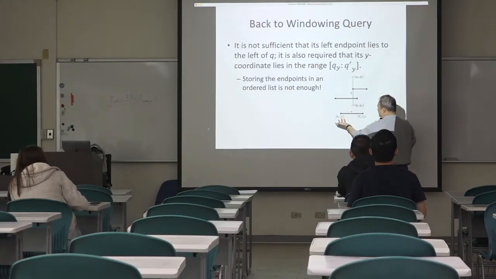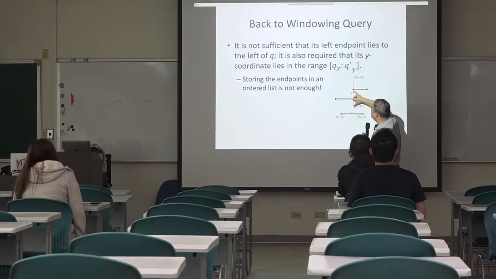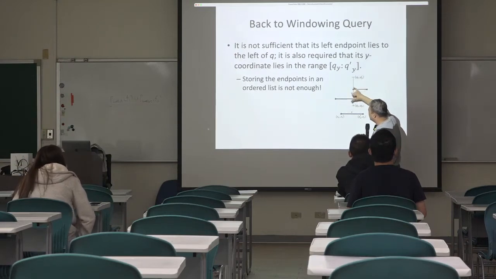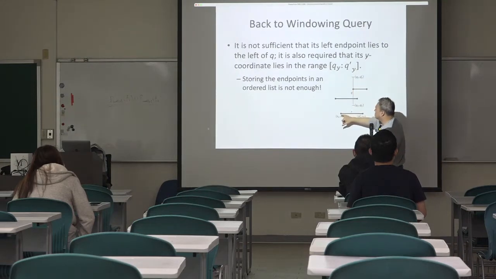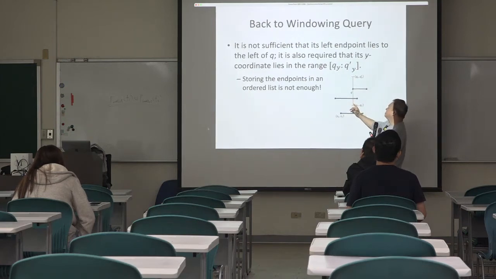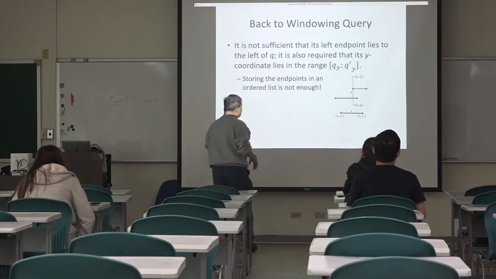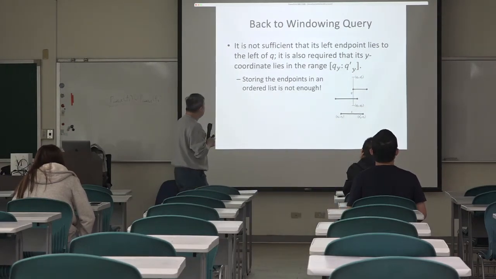But in this case, the y coordinate has a range, and unfortunately this segment does not fall into that range. So even though its x range contains the x coordinate of Q, we shouldn't report this segment, because it does not intersect this query line.